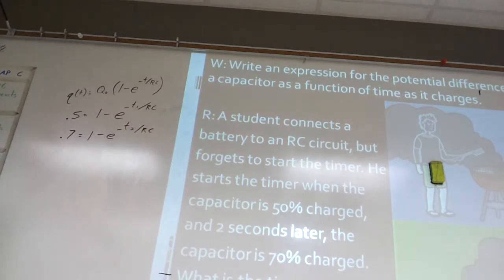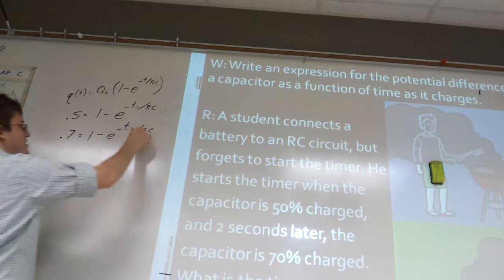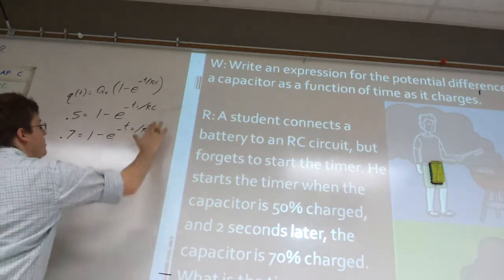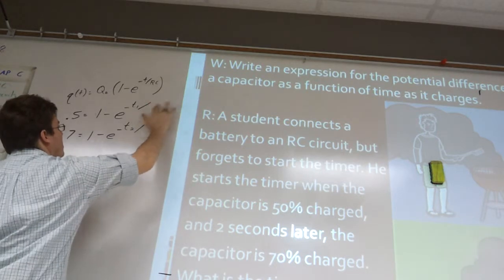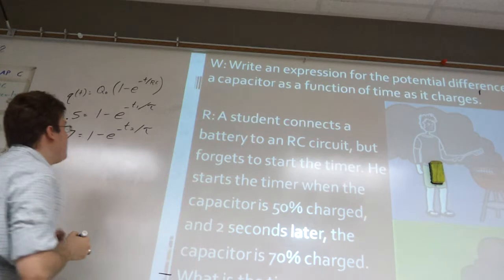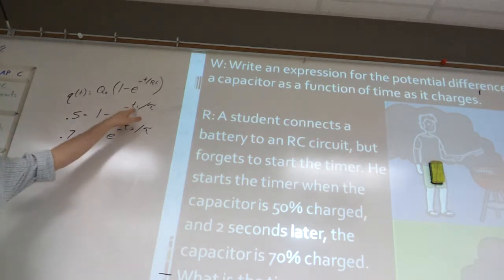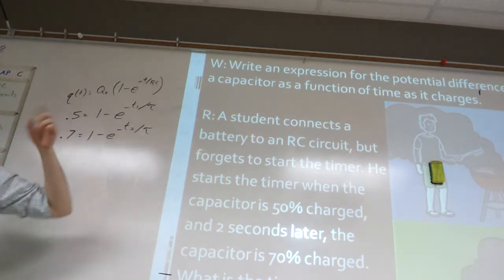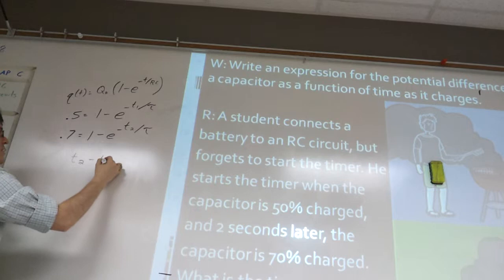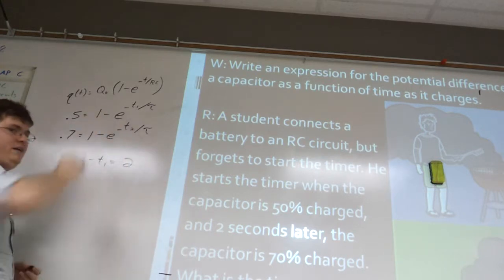Actually, let's replace these RCs with tau, because it's asking for the time constant. Count them up: we have 3 unknowns, 2 equations. Our last equation comes from T2 minus T1, which equals 2 seconds.